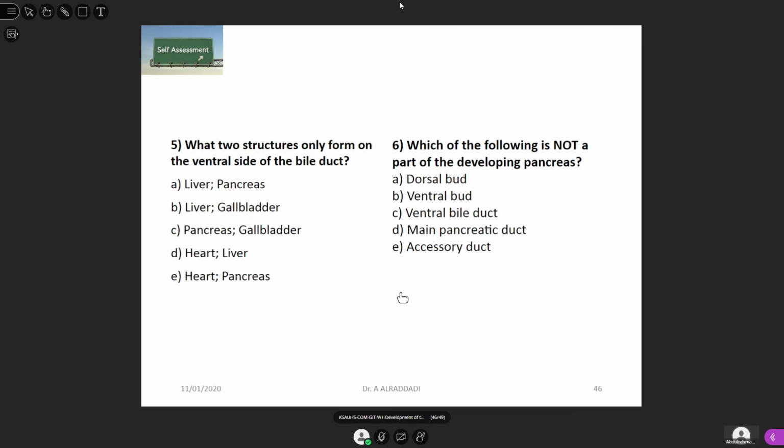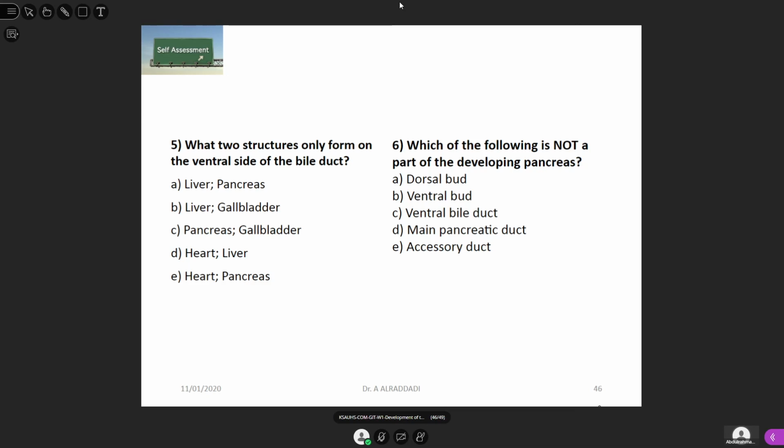What two structures only form on the ventral side of the bile duct? The ventral side of the bile duct. It will be the liver and gall bladder.